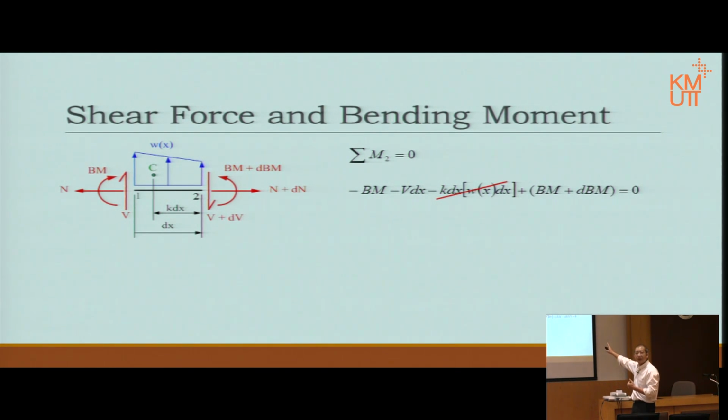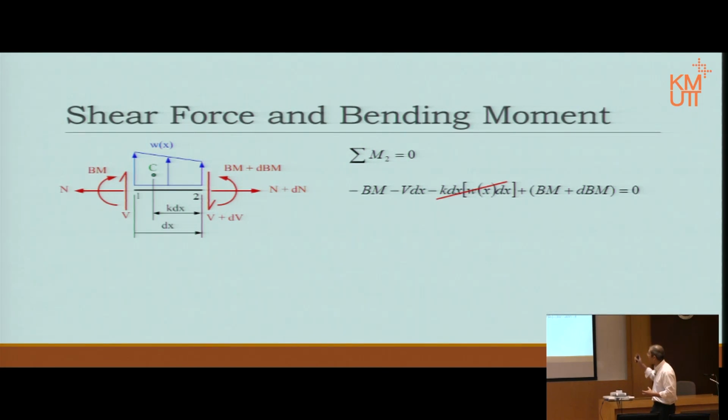What? k dx times Wx dx. dx is really small. You have dx times dx, which is dx squared. The two very small values times each other. Then the value becomes very negligible, very small, so that you don't really have a concern with it.